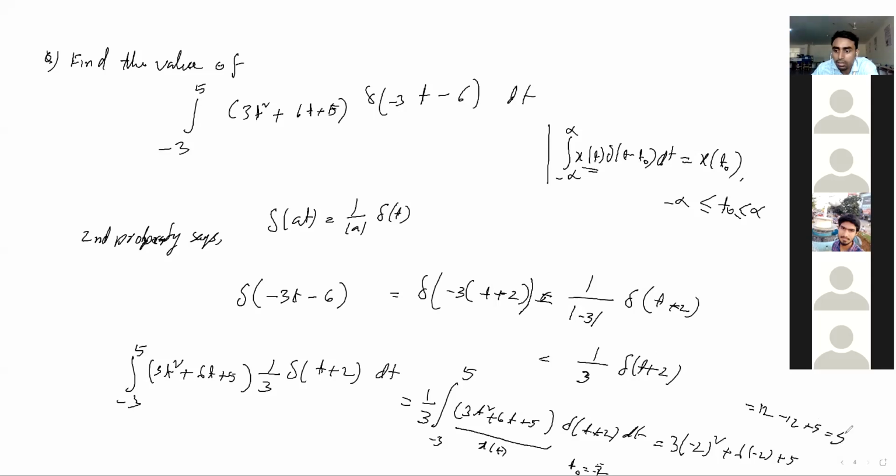It will give 5. So these numericals are very important. Are you able to understand?